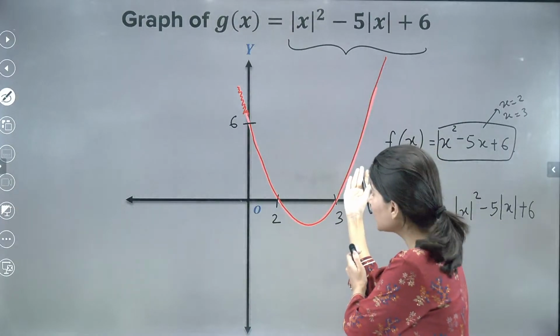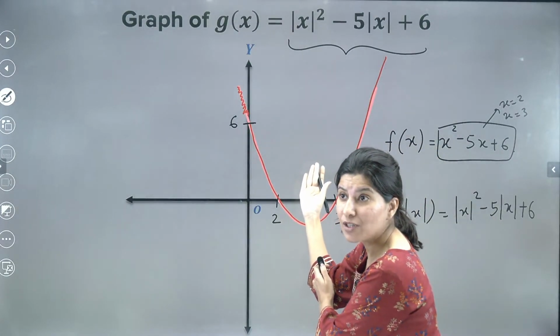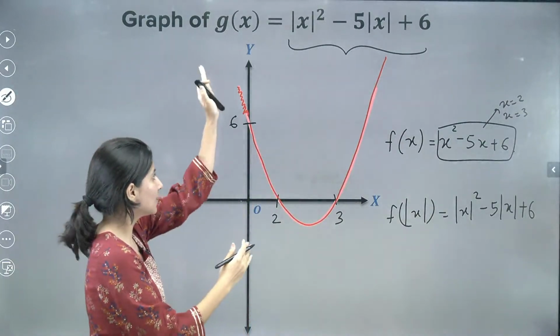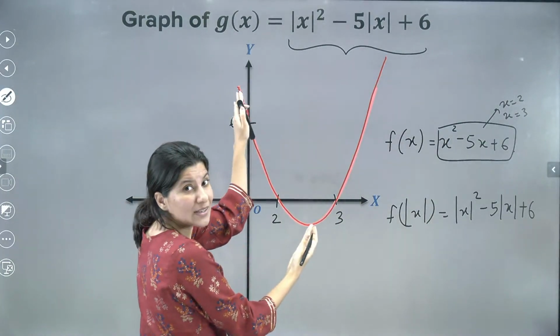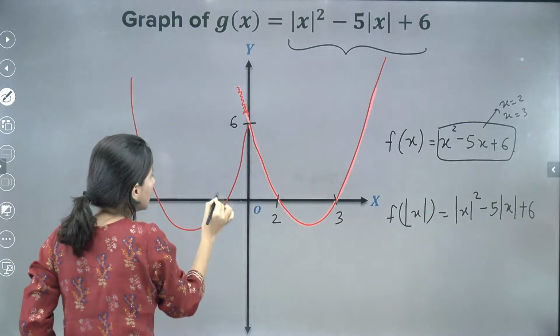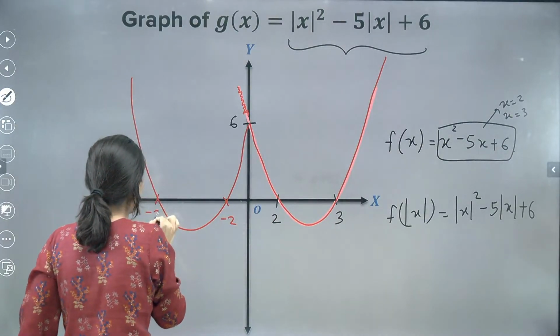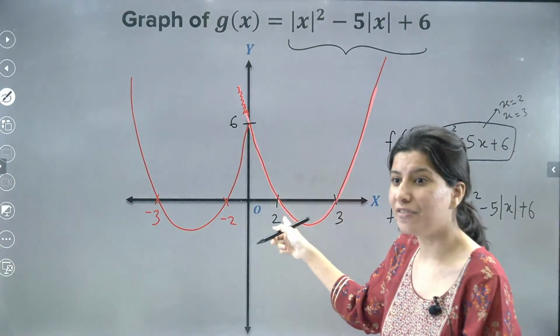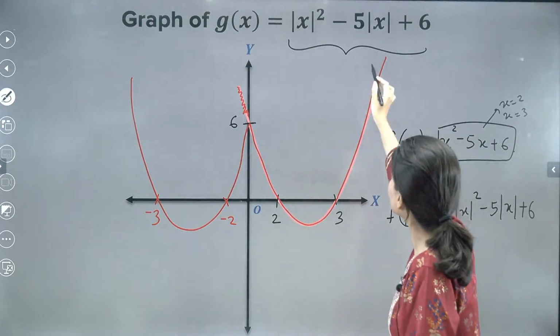You have to take the mirror image of this right hand portion about the y-axis. This will act as a mirror and it will come here. So it will look like this. This point will be minus 2, this point will be minus 3. This graph is actually representing this curve.